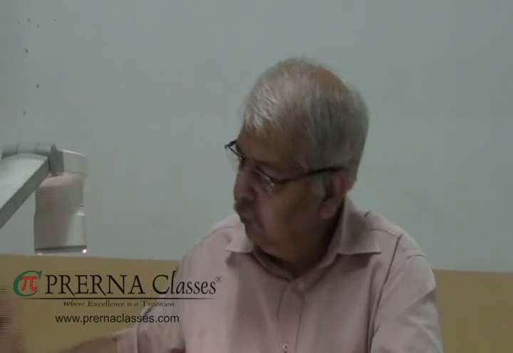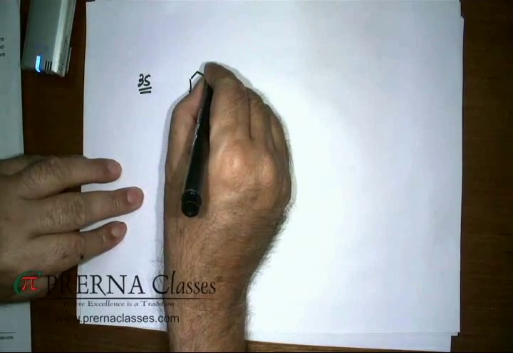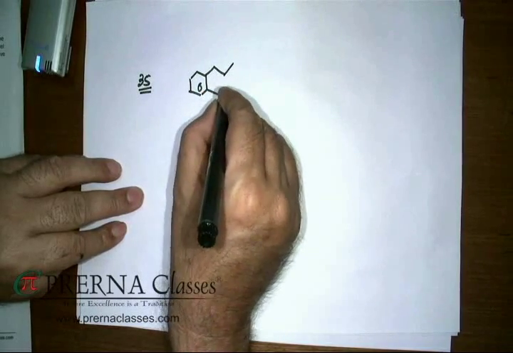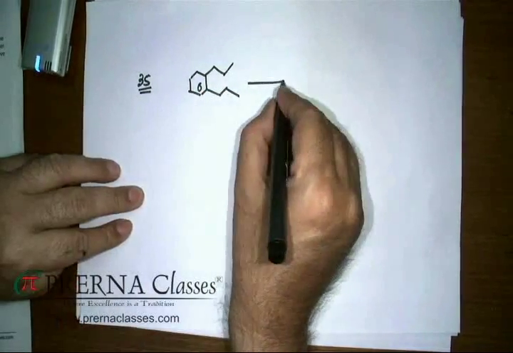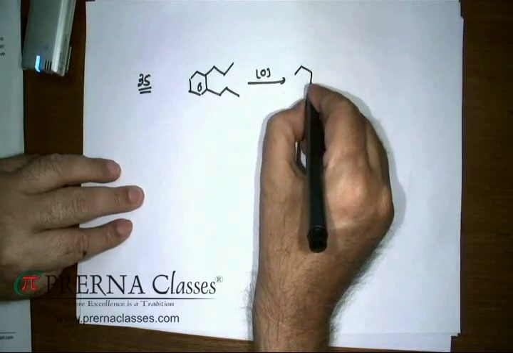Question number 35 and 36. Paragraph 2. Now he has given a compound O whose formula he has given. This on oxidation will give you acid.